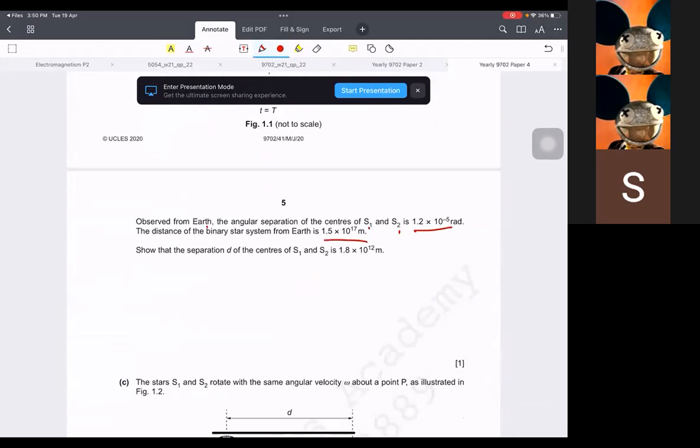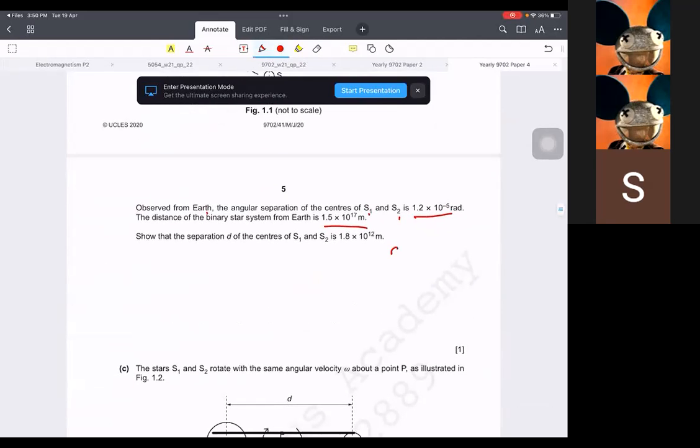Show that the separation of the centers is this. Okay. Now, what it means is that, let's suppose this is one star, this is another star, and this is Earth. So it's saying the distance of the binary star system from Earth.